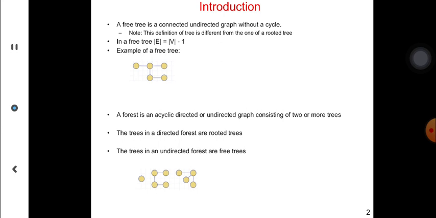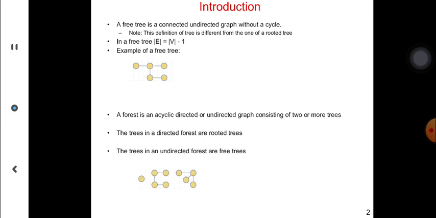So when we consider a forest, it is an acyclic directed or undirected graph consisting of two or more trees, generally. The trees in a directed forest are rooted trees, and the trees in an undirected forest are free trees.